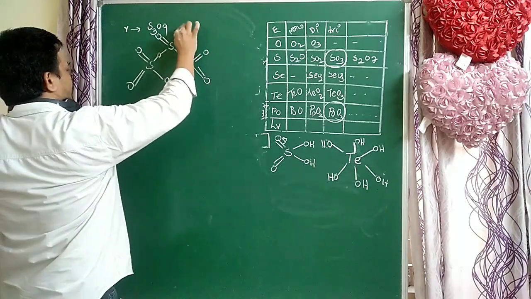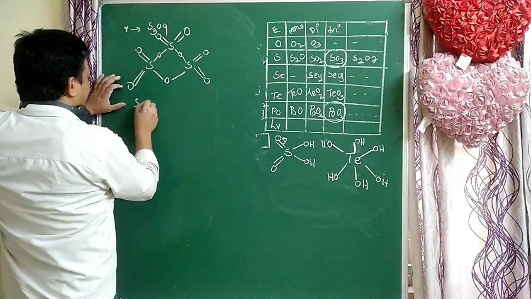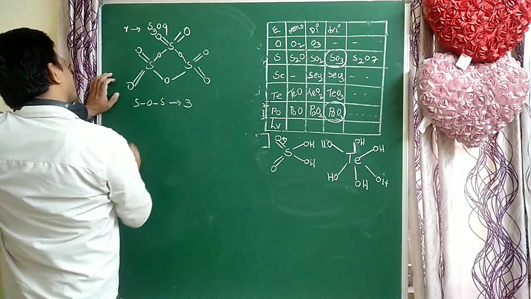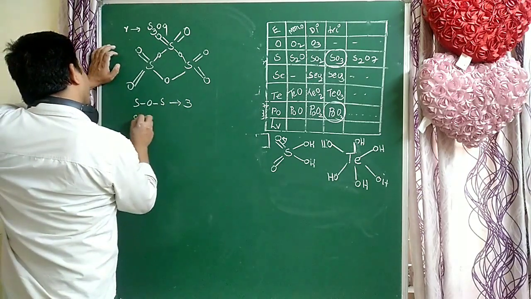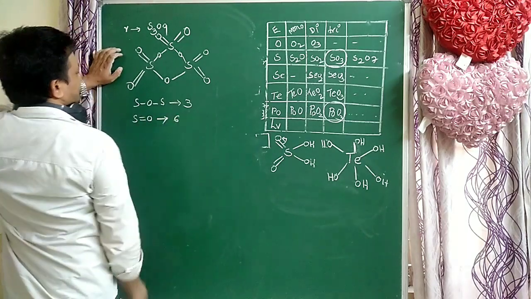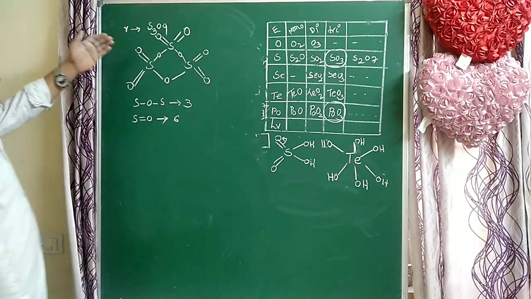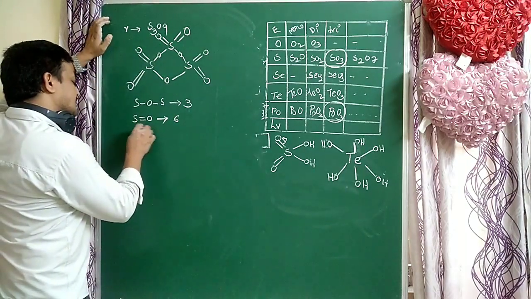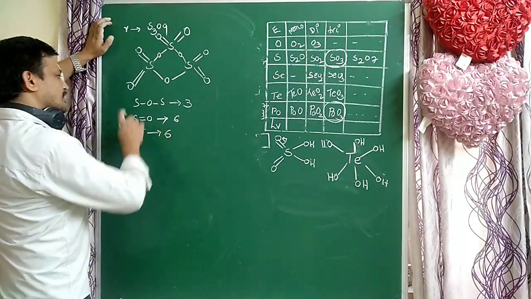Here, very important: how many S–O–S bonds are there? Three S–O–S bonds. How many S=O bonds are there? Six. So how many pi bonds? Six pi bonds. How many sigma bonds?